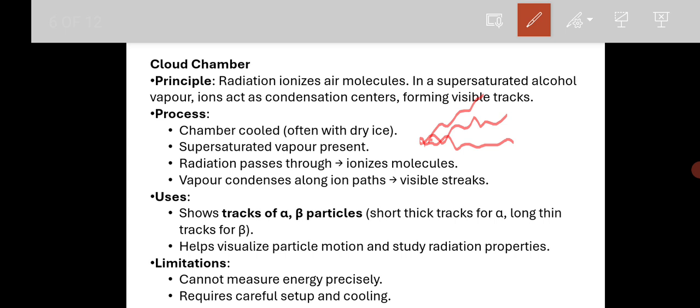If it is alpha radiation, the tracks are very, very dense. You see these lines are very dense. If it is beta, the tracks are a bit faint. They look like this. These are tracks, and there are none at all for gamma rays.